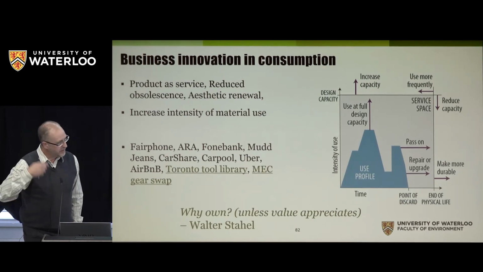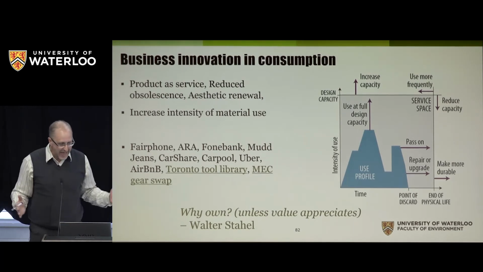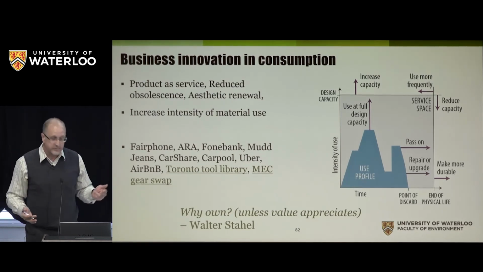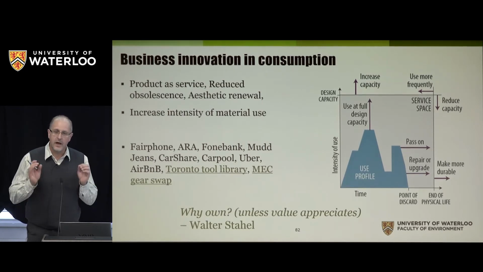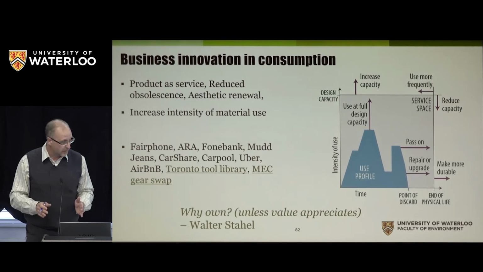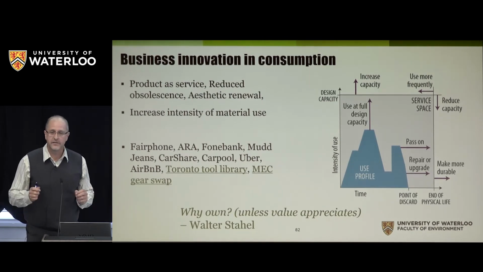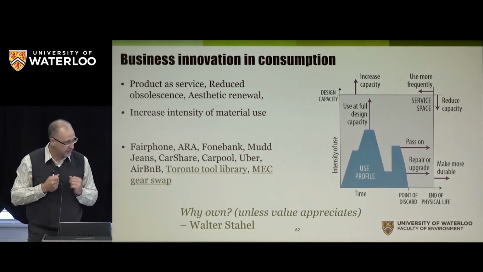So we can think in terms of how you provide greater intensity of use, greater capacity of use, greater frequency of use, greater ownership of use, sharing of use. And this largely is a business construct. It's a socio-institutional, it's a business model. So there's companies like Fairphone, which has repairable modularized phones that you can repair yourself.